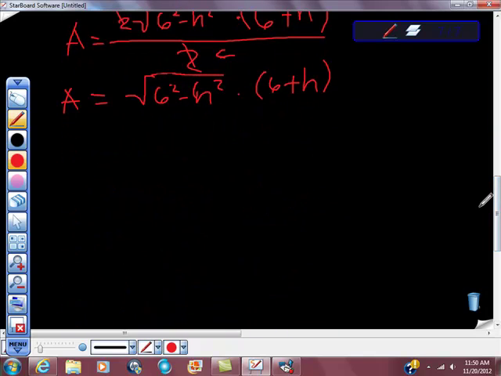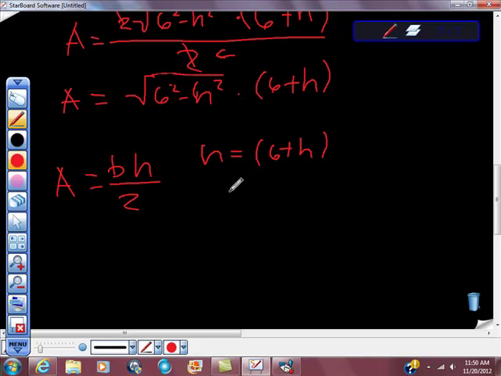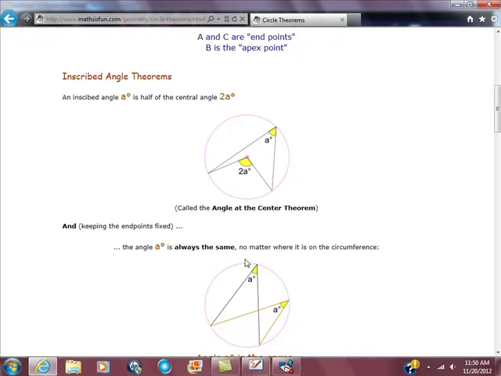So what we're going to do is the same thing. Area is equal to base times height divided by 2, and we already know height is equal to 6 plus h. And if you remember from your geometry, for inscribed angles, the angle alpha is half the central angle 2 alpha, so we have to multiply it to get the central angle.